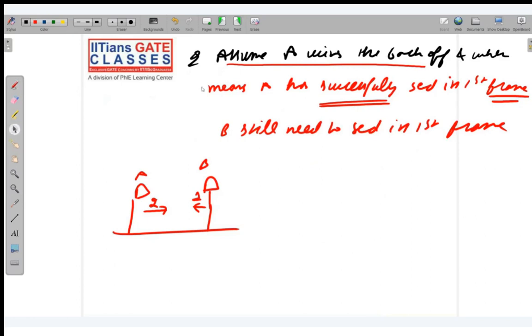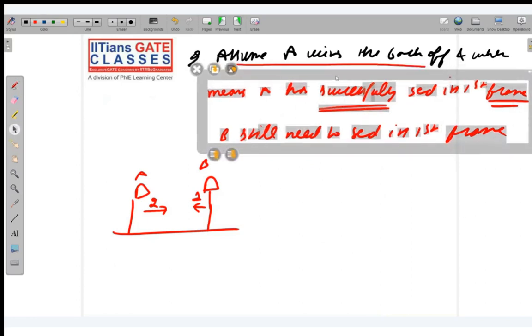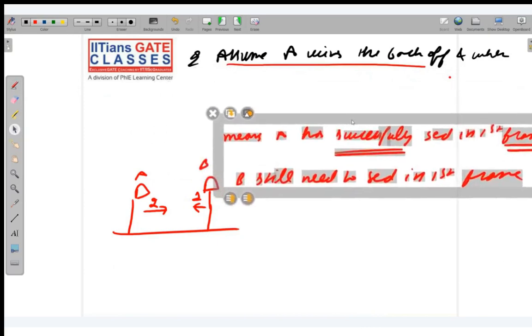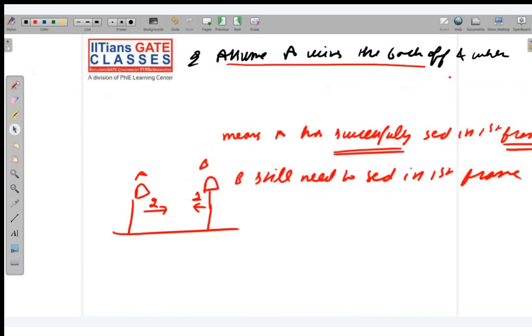Let me write it. And when it tries to send a frame again, then collision occurs.